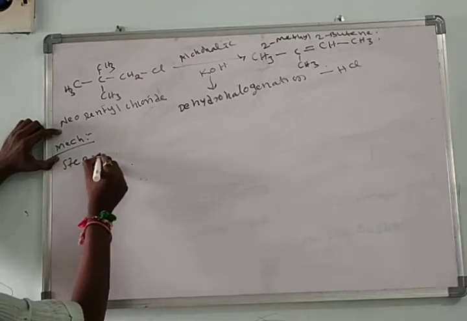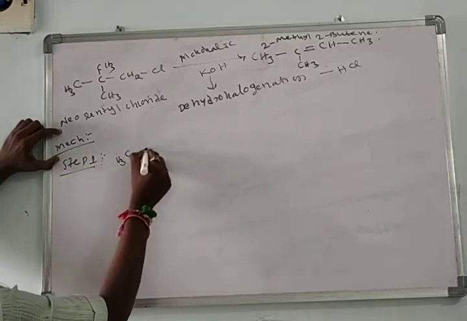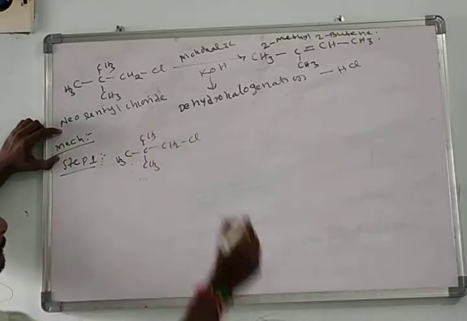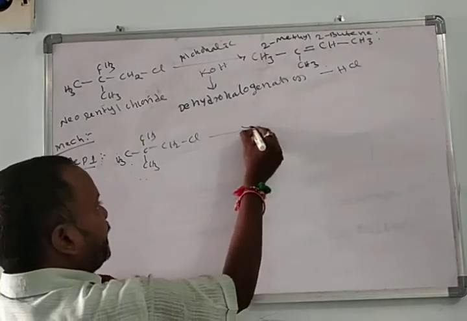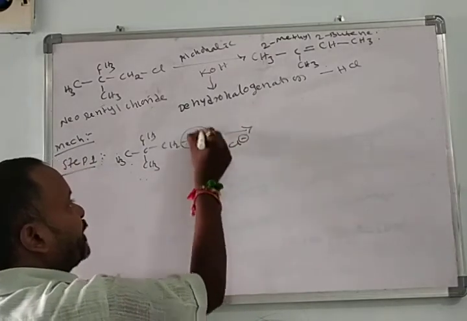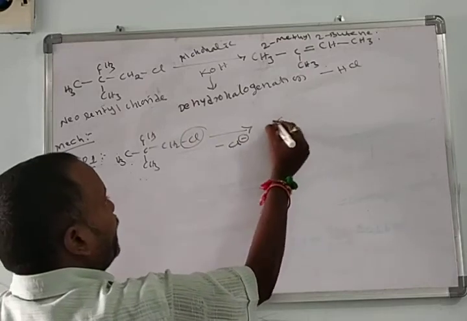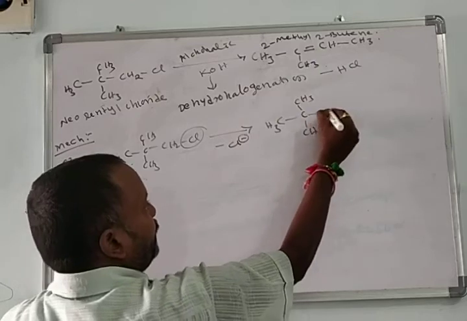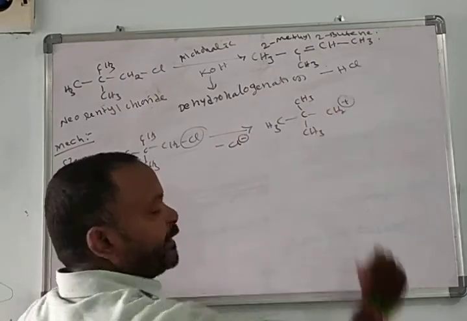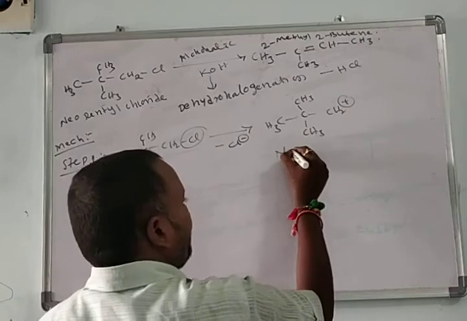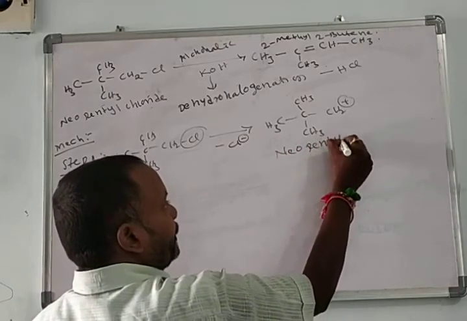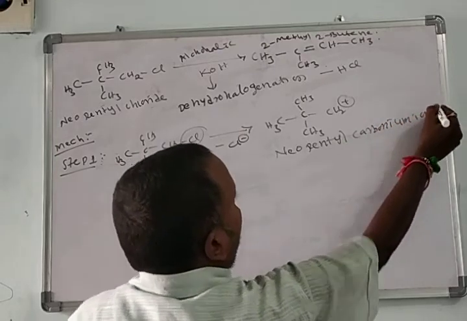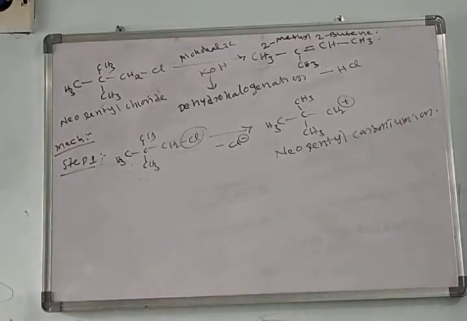Step 1: (CH3)3C-CH2-Cl first loses the Cl minus ion and forms the carbonium ion. This is the neopentyl carbonium ion.